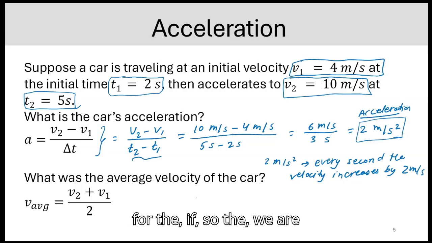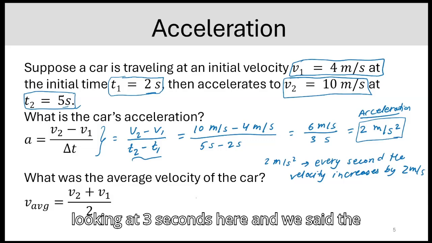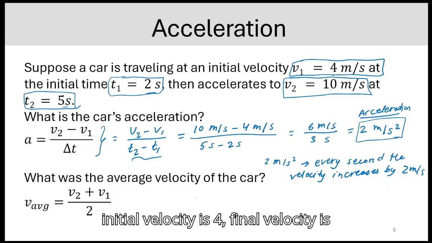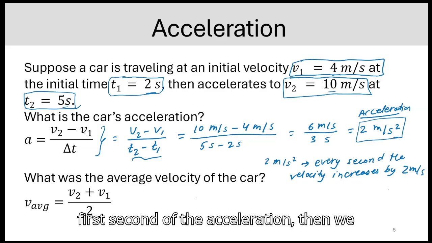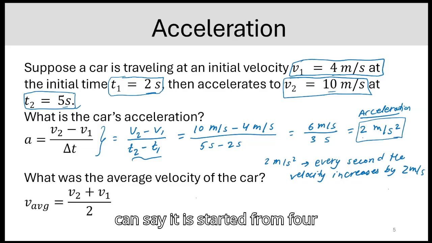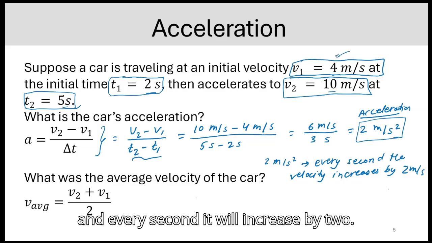So for the, we are looking at 3 seconds here, and we said the initial velocity is 4, final velocity is 10. If we want to look at the velocity at the first second of the acceleration, then we can say it started from 4, and every second it will increase by 2.